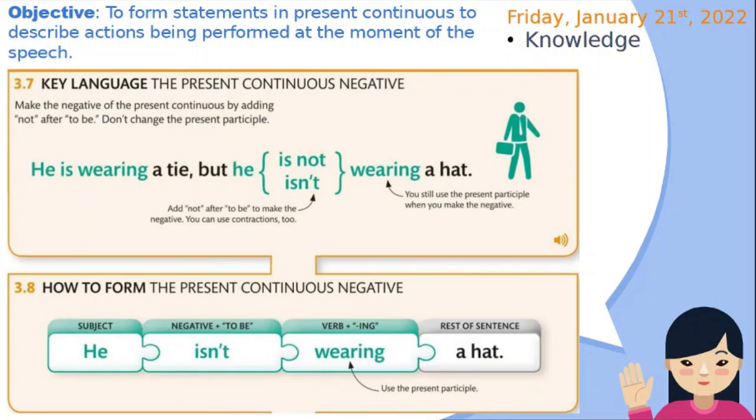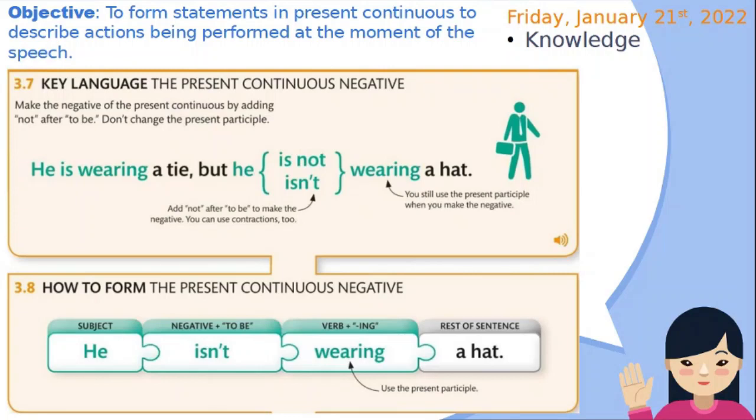Positive, he is wearing a tie, but negative, he is not wearing a hat. We may also use contractions, remember. He isn't wearing a hat. So the present participle remains the same. It never changes. It's just the part be that becomes negative.